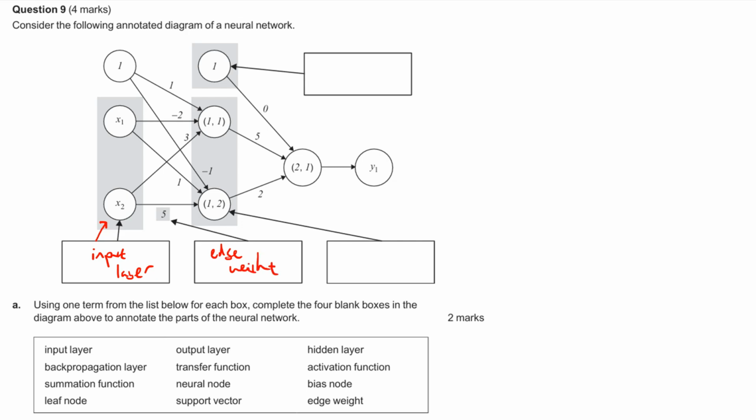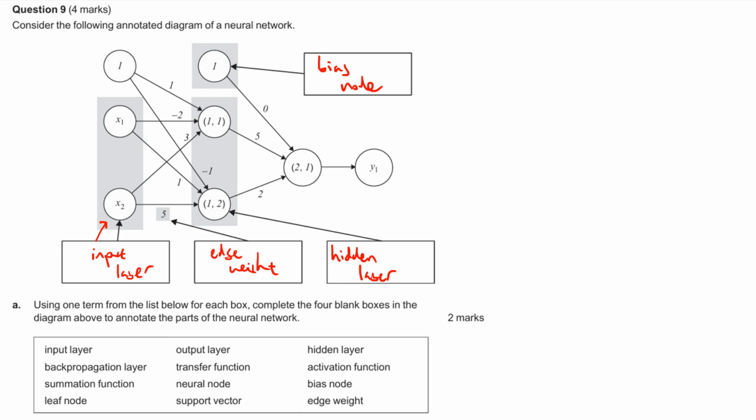And this layer inside, given that we can't have inputs or outputs directly from it, is the hidden layer. And the node up here is a bias node. Now, I've always seen bias as something you just add on as part of the weighting process, but we can just add a bias node as well.